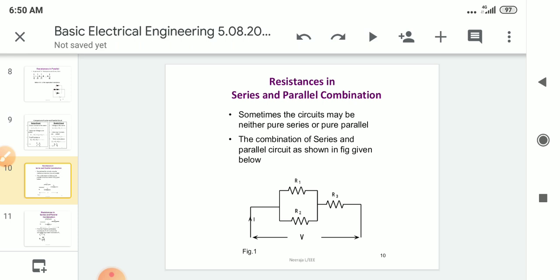In those cases, we may require a combination of series and parallel circuits. Most probably, this type of circuit is also used in our electrical circuits. So our next concept is the combination of series and parallel circuits.